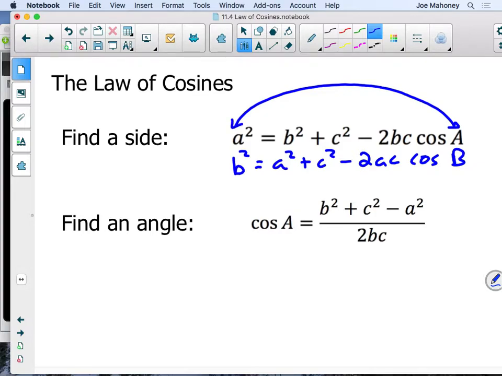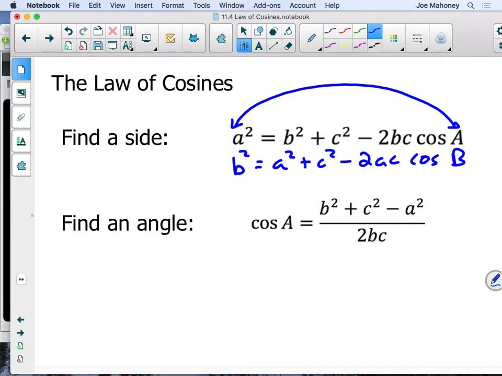Whatever angle you have, the side is on the other side of the equal sign. And if you just rearrange the terms of the equation, you can solve for the cosine of the angle. That's all I did for the bottom one.